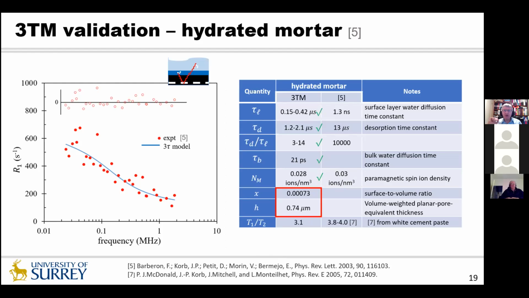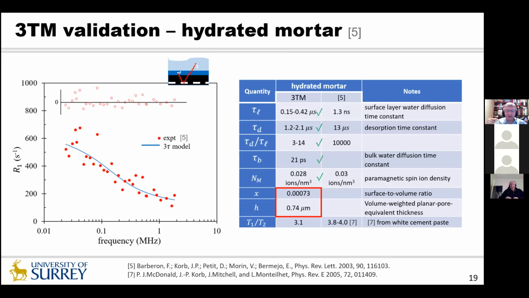Right, now we move on to two other parameters. X, you may recall, is the fraction of the water at the surface of the pore. Well, what we can do is to convert that to a distance. And I've called this the volume weighted, so the water volume weighted planar pore equivalent thickness.